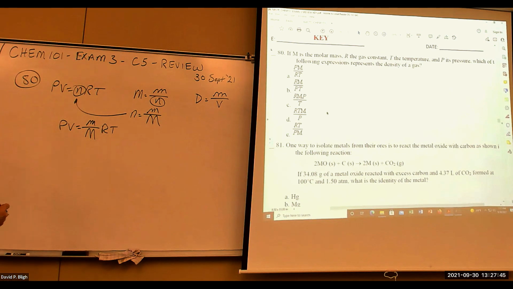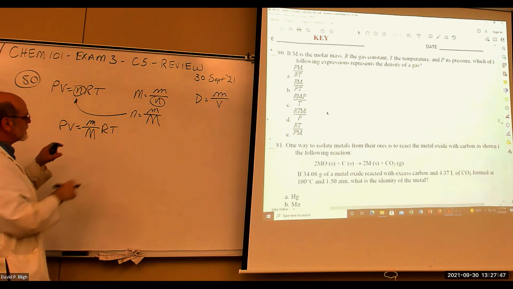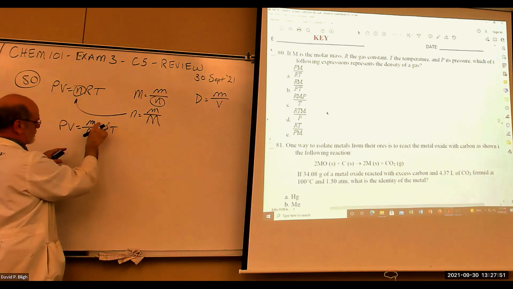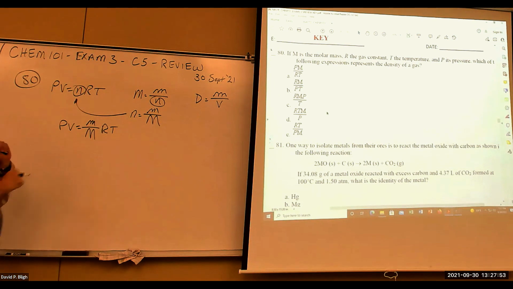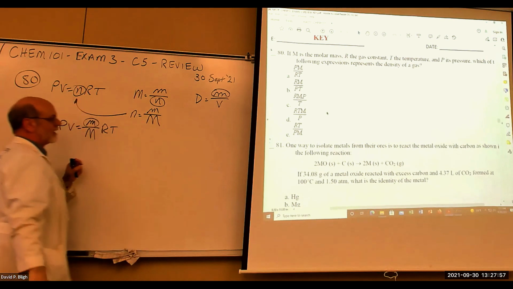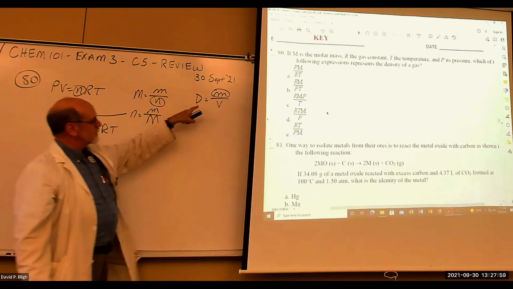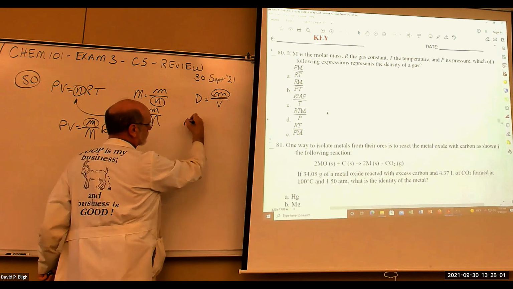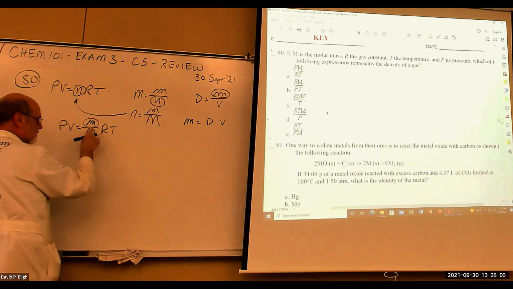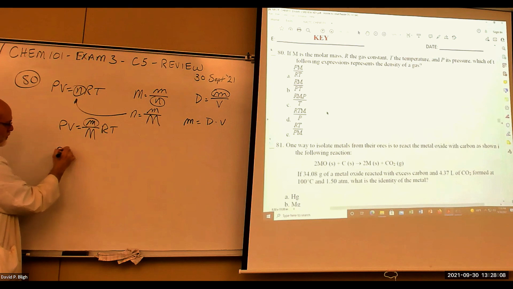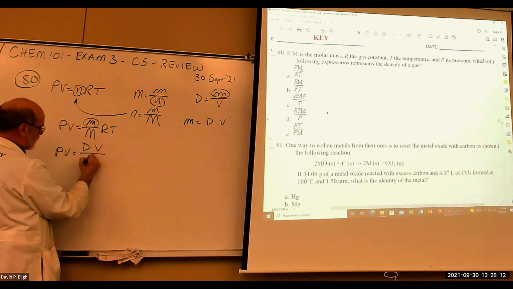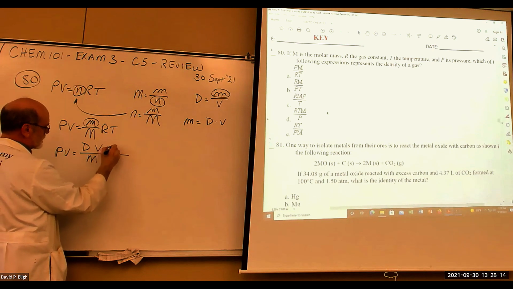Okay? Now, what do these have in common? Mass and mass, right? Those two have that in common. So it might be simpler to solve this one for M, D times V, and plug it in here. Right? So PV equals dV over M. Well, actually, RT's out here also.